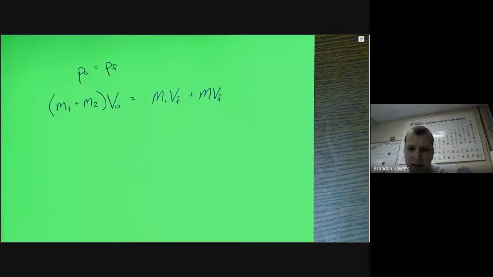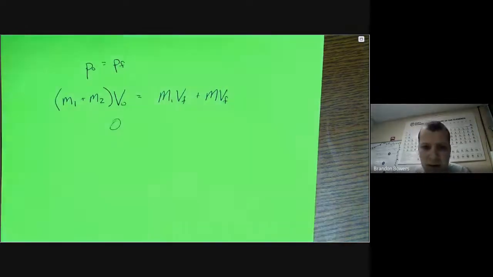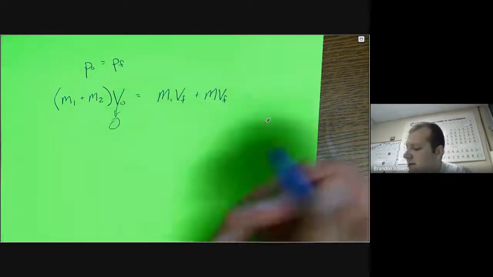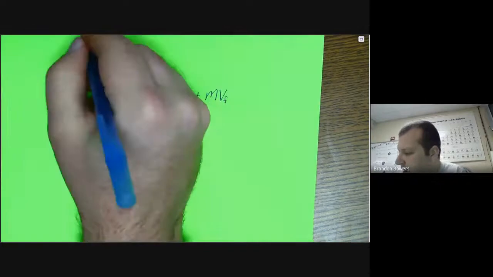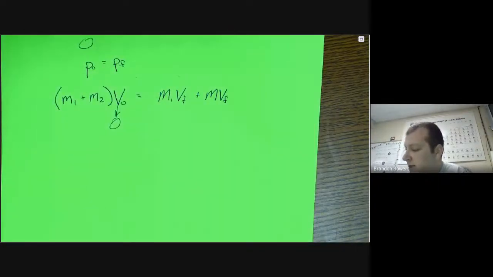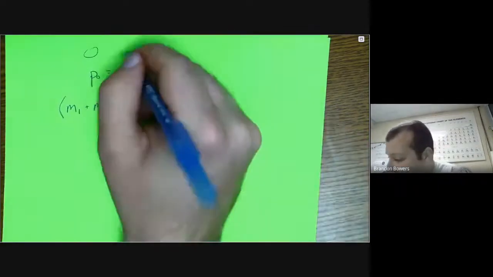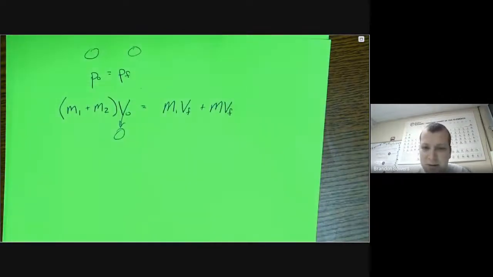And if you think about it, before an explosion, in most cases, its velocity is always going to be 0, which makes our problem so awesomely easy. In most cases, our initial velocity is 0. So our initial momentum is 0, which means our momentum final also has to be zero.